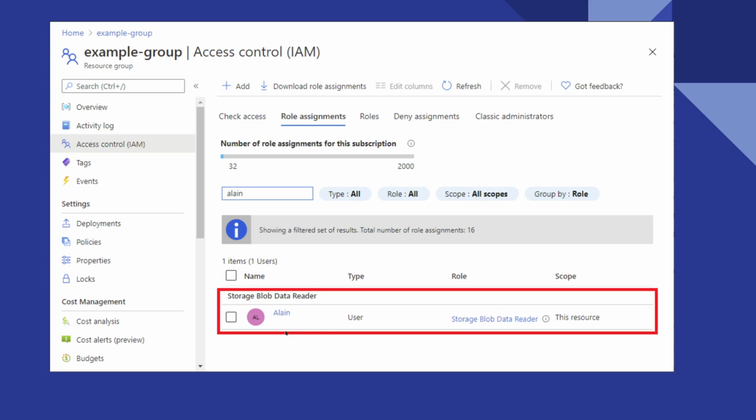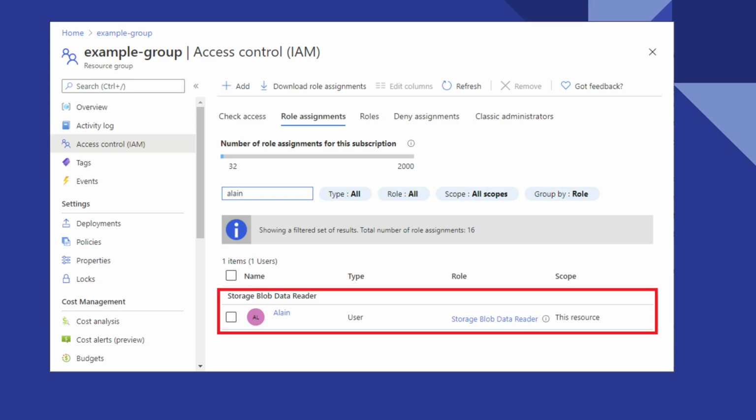So this seems good because Alan likely doesn't need more than just to read what the storage account is. So we don't want him to have something that he shouldn't have. But since this is a resource group right here, that means that any resources that are in this resource group, he is going to have it for. But if there are other resource groups, he's not going to have that same access.